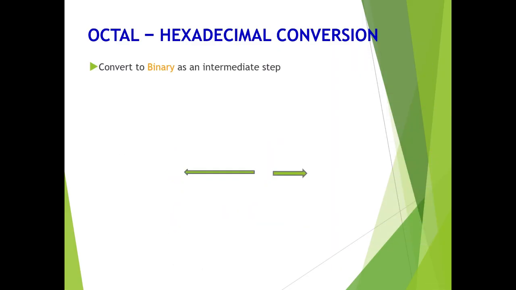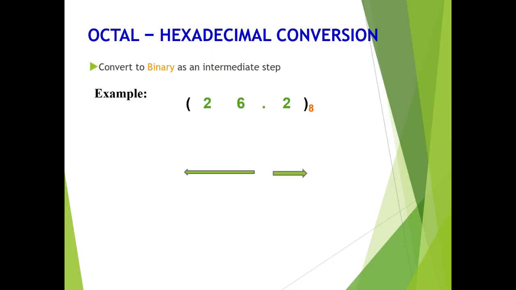Then the last type of conversion is octal to hexadecimal conversion. There is no direct conversion from octal to hexadecimal. Either we have to convert to binary or we have to convert to decimal. Converting to binary is easier, so we will be following that step first, as an intermediate step. For example, I have taken 26.2 to the base 8.